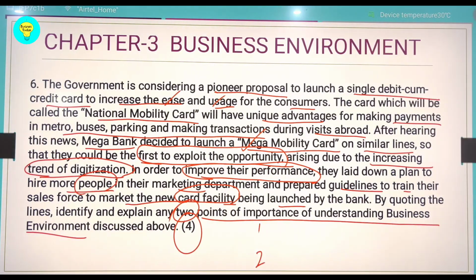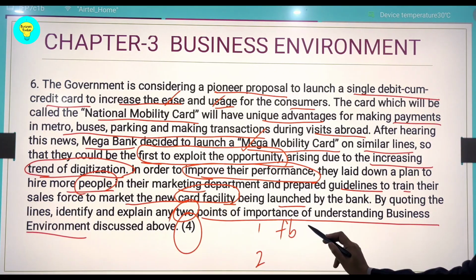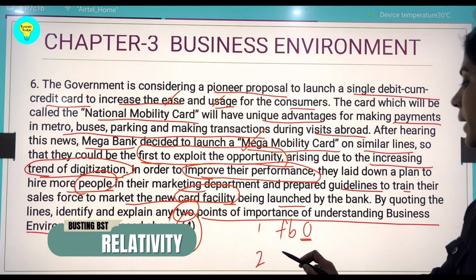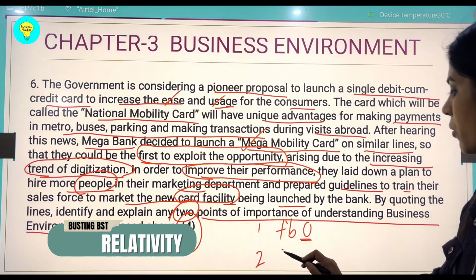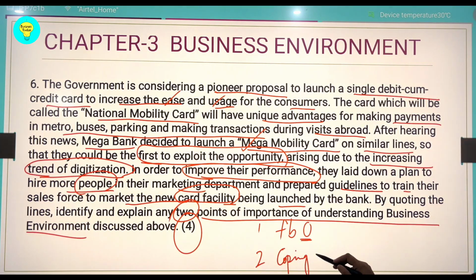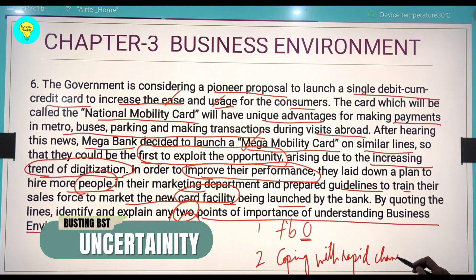Giving the 2 points, you can talk about first mover benefit, FMB, by seeing the opportunity. And secondly, you can talk also about adaptation to the changes, or we can call it coping with rapid changes due to digitalization as the recent trend.